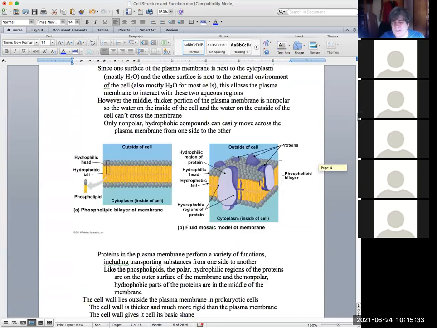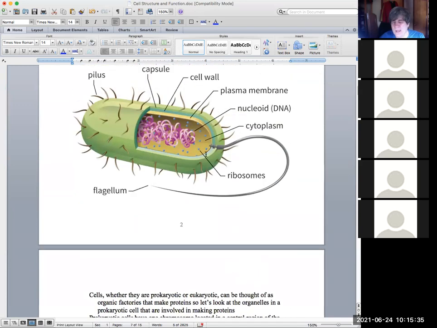So one of the things this means is when we look at making proteins, we never have very far to transport the protein to where we're going to use it. So we don't have any special transportation system.